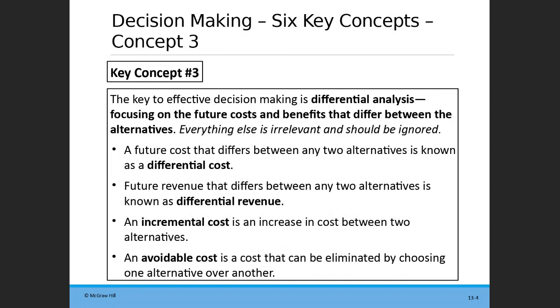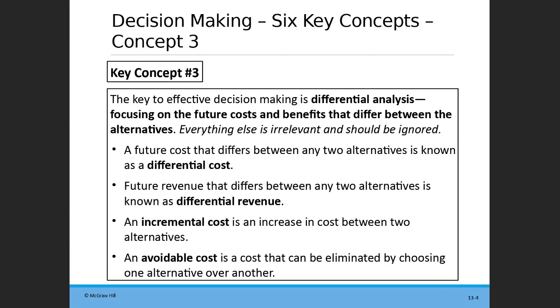So the key is we do this differential analysis. Here's what I need to focus on. Here's my choices that I've figured out. Here's the data that's relevant. And what's the difference between these choices? When considering only relevant data, what's the difference? What are the costs going to be different between these two choices?